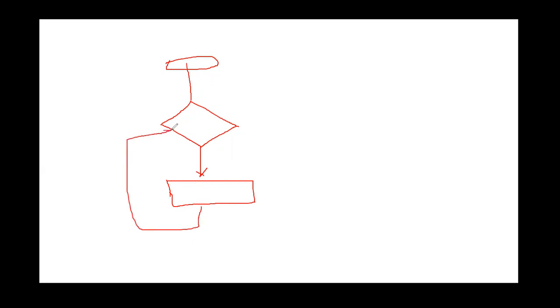Then the condition will be checked. Then it will execute something over here, and if the condition is satisfied, it will do this thing, then again it will iterate. Once this condition is not satisfied, it will go to the end.